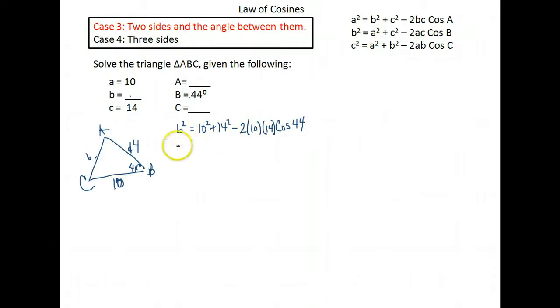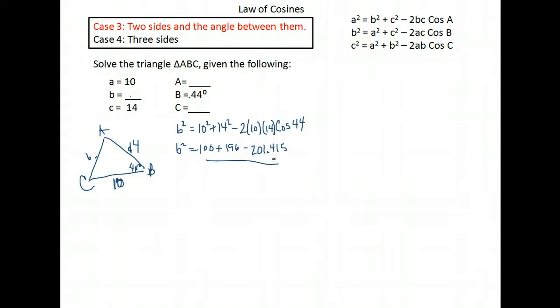We just need to calculate this right-hand side. Okay, so 10 squared is 100, 14 squared is 196, and then we calculate negative 2 times 10 times 14 times the cosine of 44 is negative 201.415. That's what I'll round it off as.